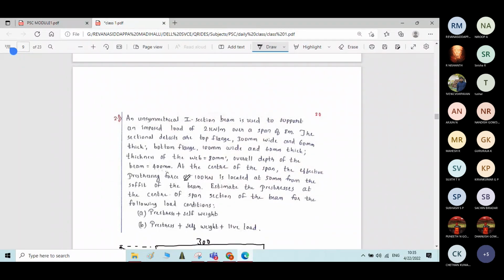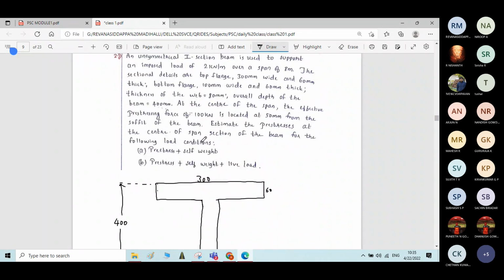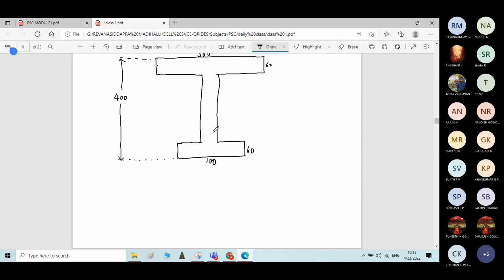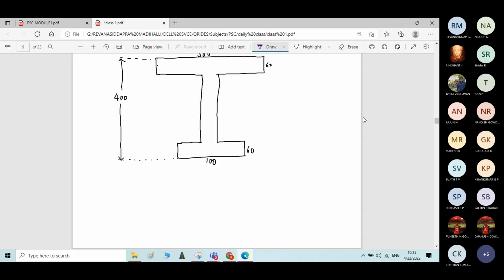At the center of the span, the effective prestressing force of 100 kN is located at 50 mm from the soffit of the beam. I'll write the prestressing force location.